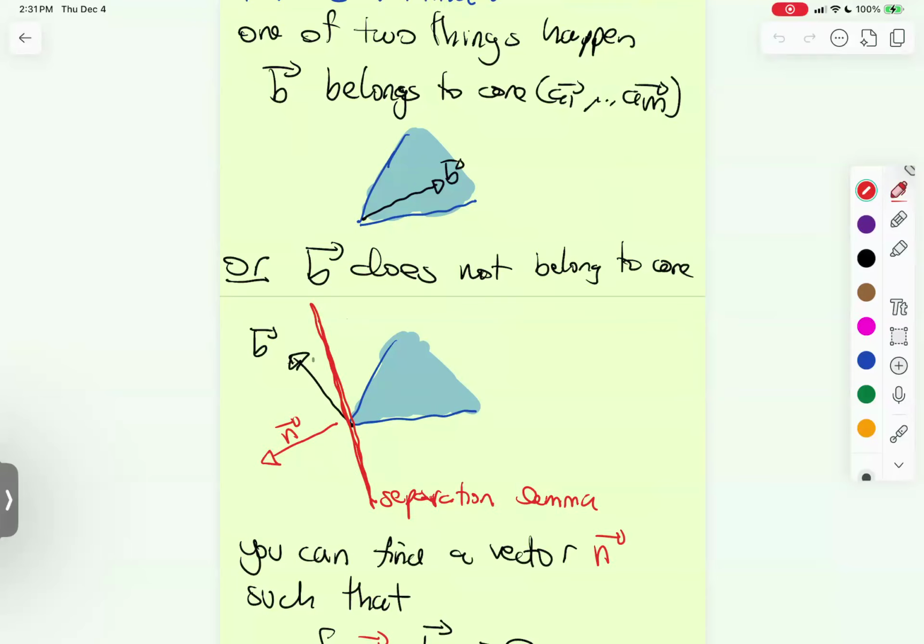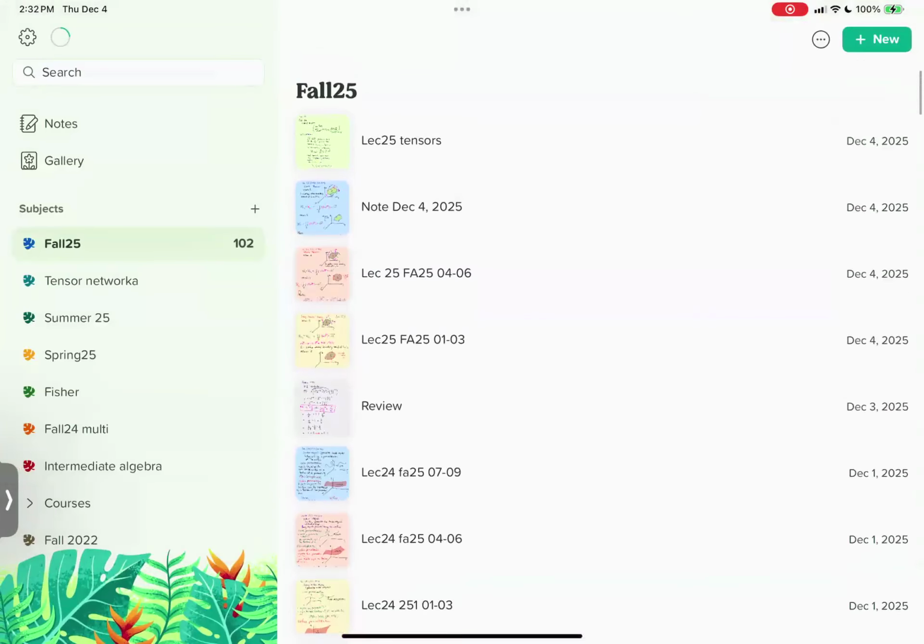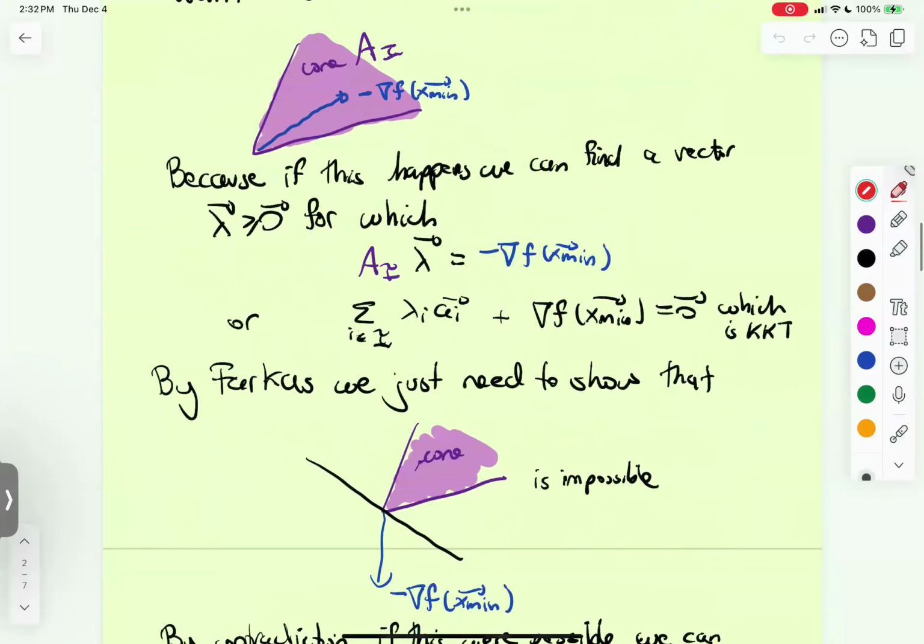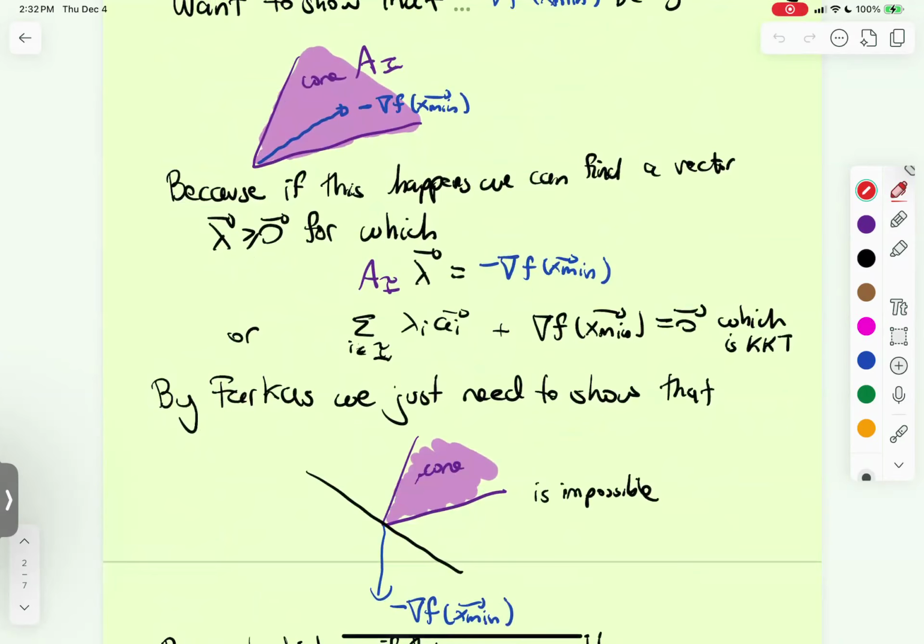So just to go back to what I want to do: I want to show that minus the gradient belongs to the cone, right? What I'm going to show is that the other option is impossible. I'm going to show that this picture actually does not happen, that minus the gradient cannot be separated from the cone.